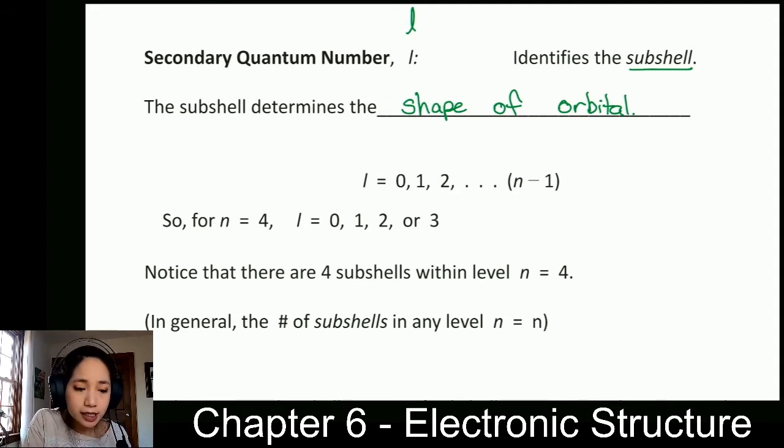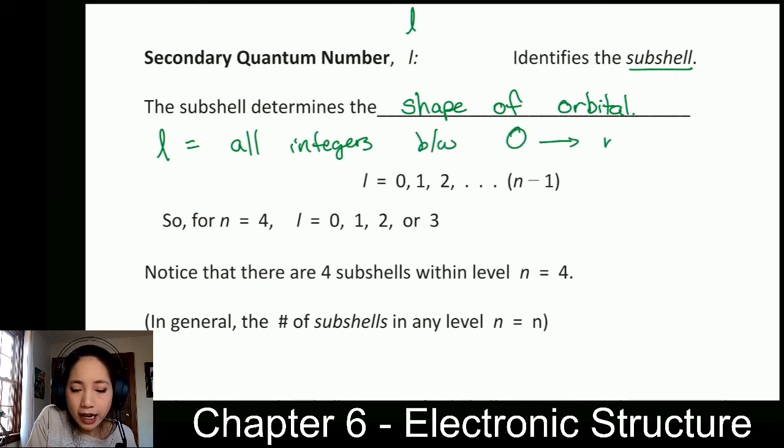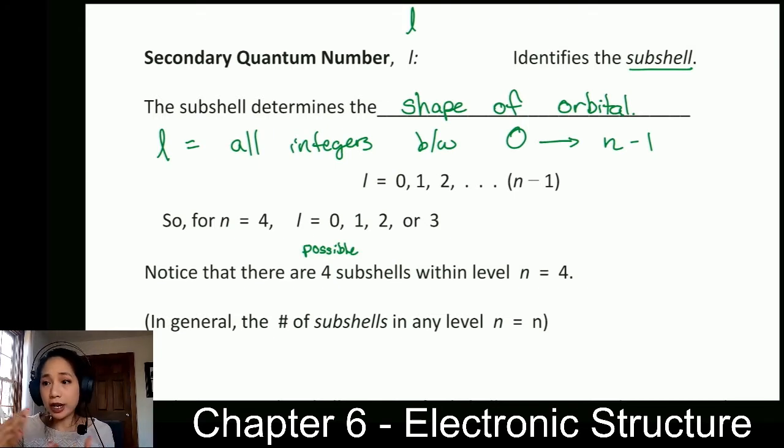So L is equal to all integers between 0 and n minus 1. So in this example, if n equals 4 for that electron, the possible L values are all the integers between 0 and n minus 1. So L can equal 0, 1, 2, or 3. Again, only talking about integers.